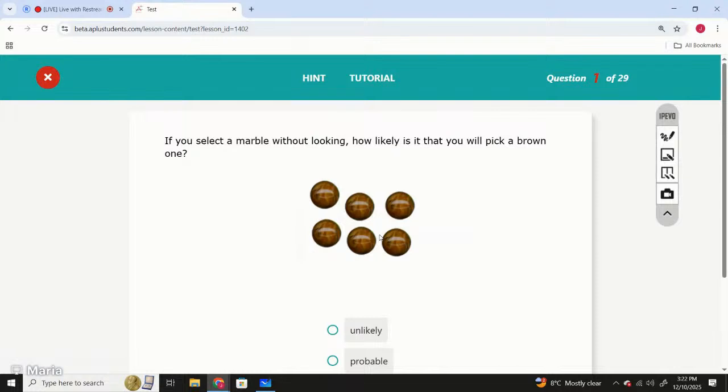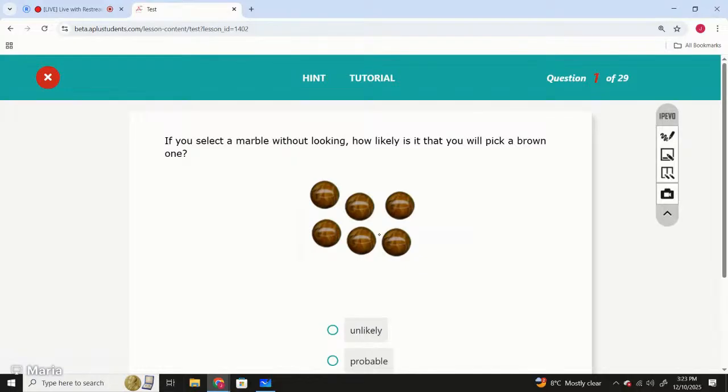If you select a marble without looking, how likely is it that you will pick a brown one? So there are six marbles.